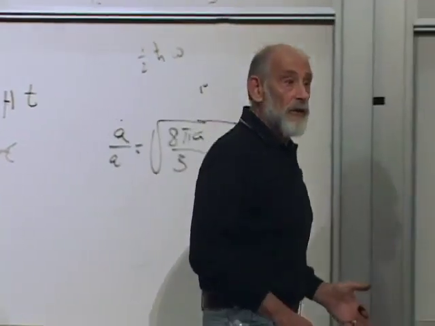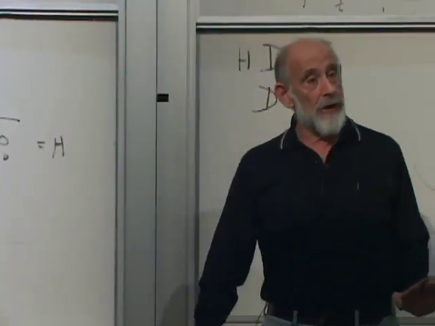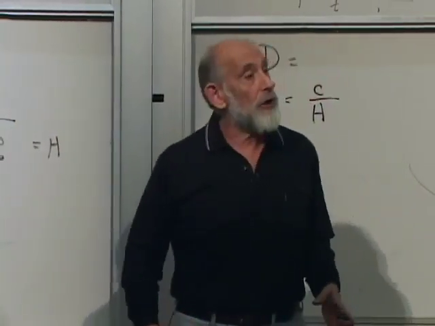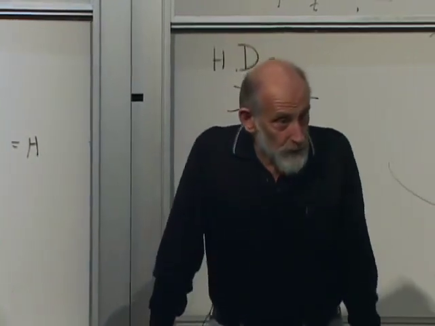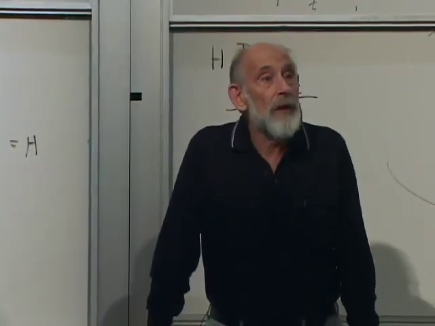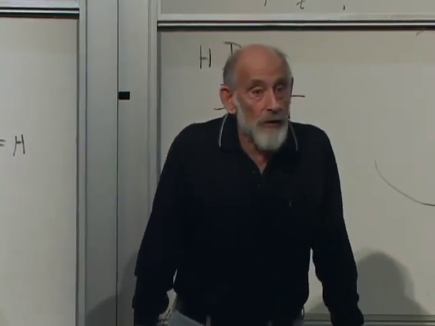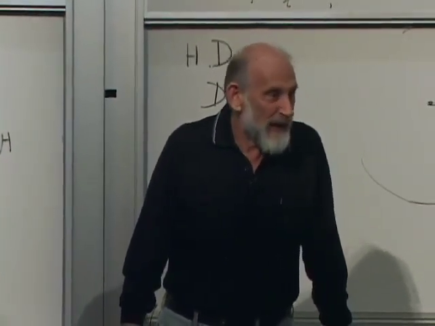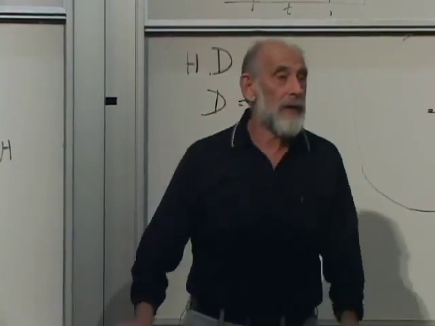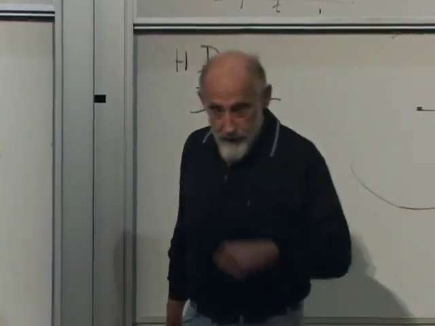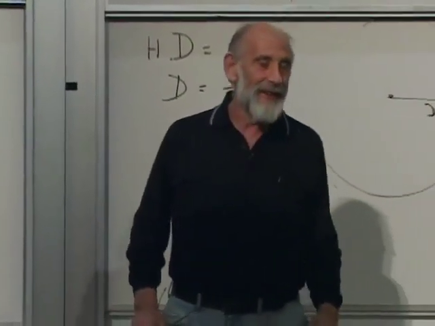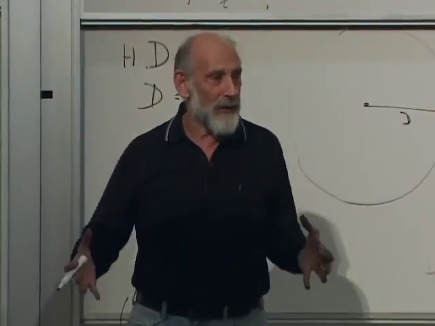It tells us, in this case, 1 over H is not the age of the universe. What is it? It's the time constant. It's the time that it takes the universe to double, not double in size, but multiply by e. Let me use double, but I really mean multiply by e.